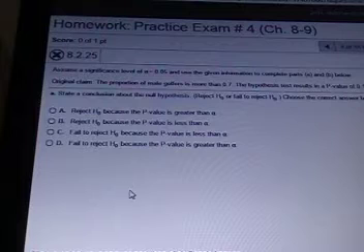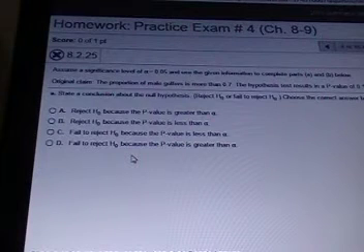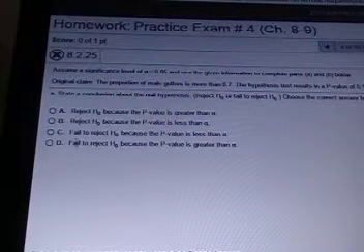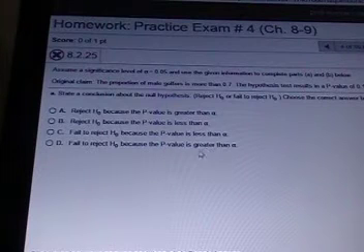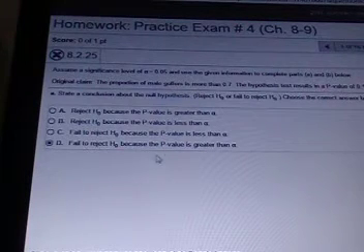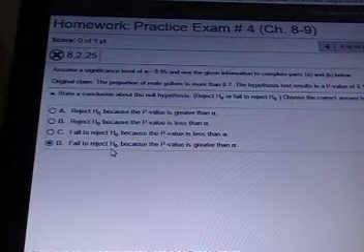The only two possible conclusions you can ever make are reject the null or fail to reject the null. It's kind of like guilty or not guilty in court. They never say innocent. So we fail to reject the null because the p-value was greater than alpha. And that happens every time. Anytime a p-value is greater than alpha, you fail to reject the null hypothesis no matter what type of test you're doing.